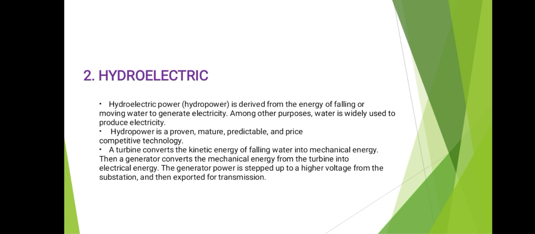A turbine converts the kinetic energy of falling water into mechanical energy. Then a generator converts the mechanical energy from the turbine into electrical energy. So the generator power is stepped up to a higher voltage at the substation and then exported for transmission. Okay, so that's the hydroelectric.